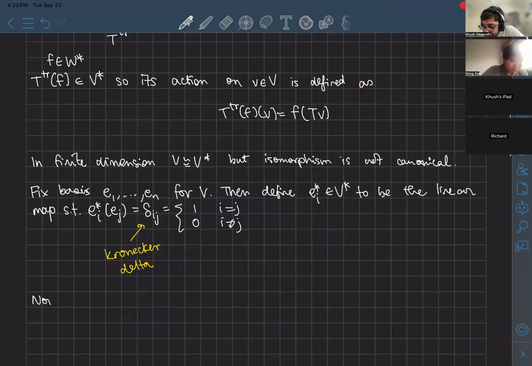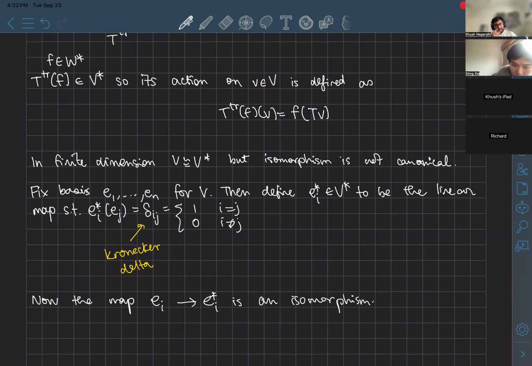Now the map e_i to e_i star is an isomorphism. It might be useful to think about why. It's clearly injective.